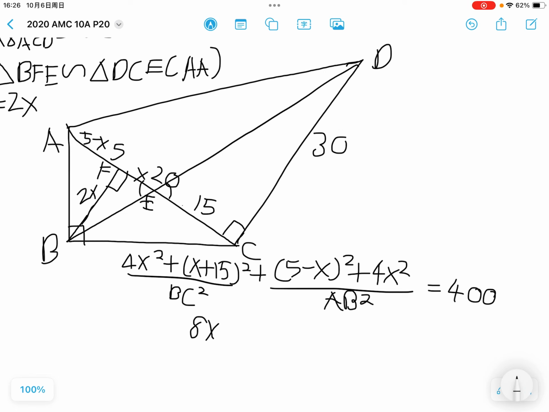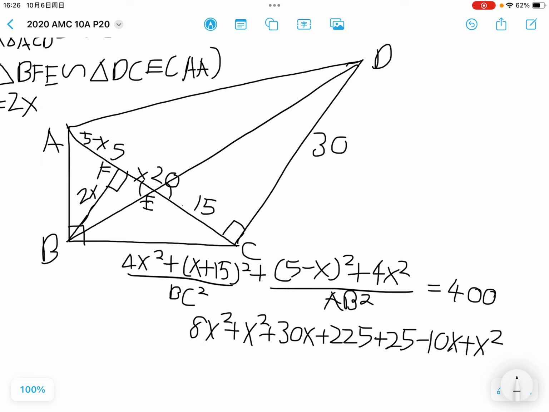So we have 4x squared plus x squared plus 30x plus 225, plus 25 minus 10x plus x squared, and that's 400. So basically we have 10x squared plus 20x plus 250 equals 400.